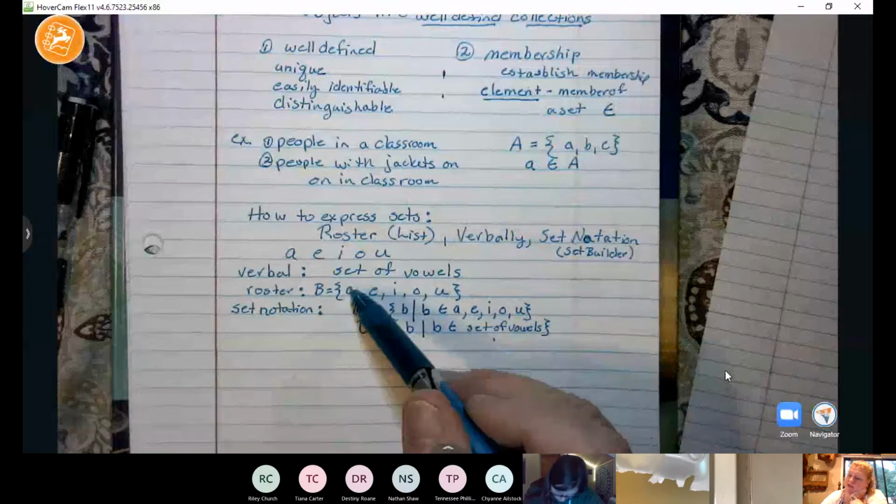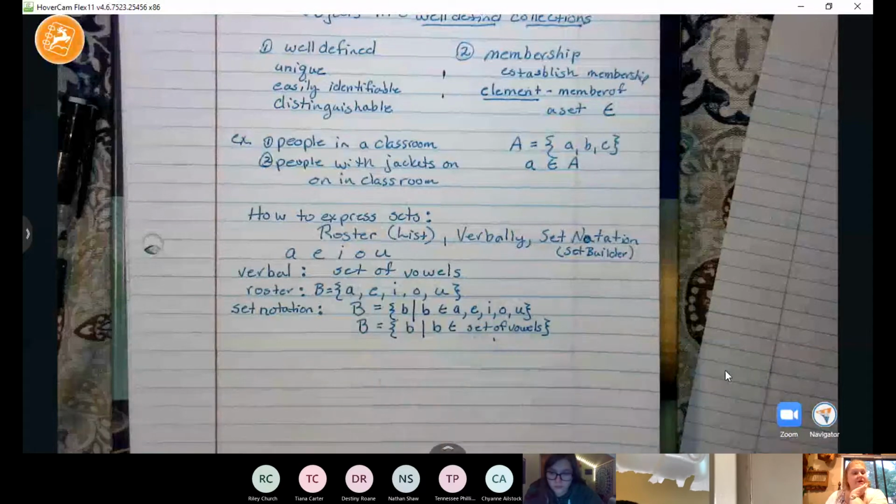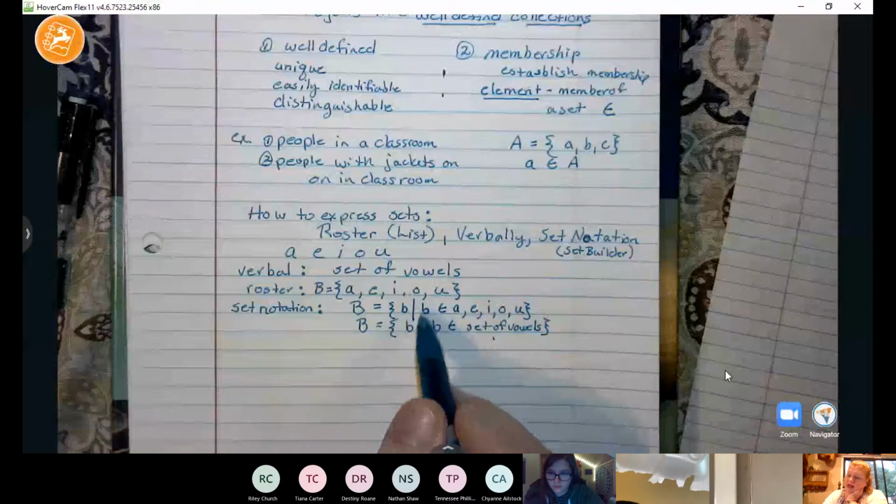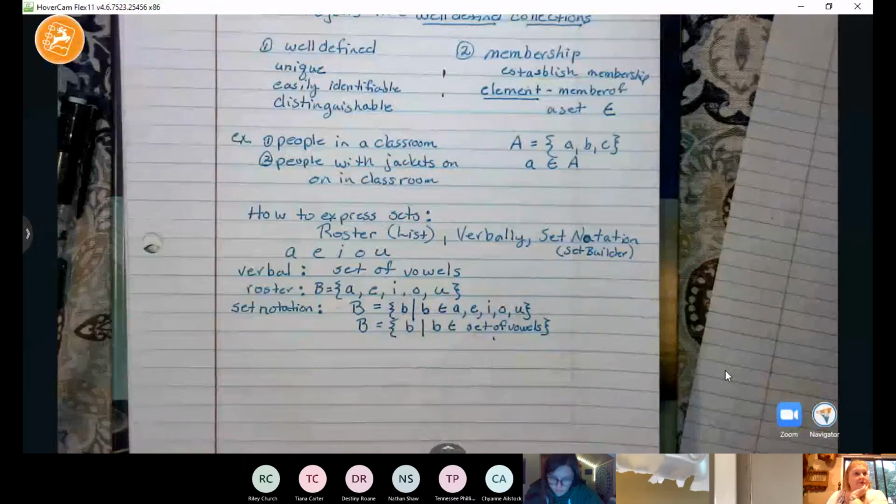You can use the combination of the roster with the set notation. But notice with the set notation, you're choosing the letter such that is a member of, that part stays the same. So it's just making a little technicality in how you write the set out when you use set notation. It adds a little formality to how you write it.